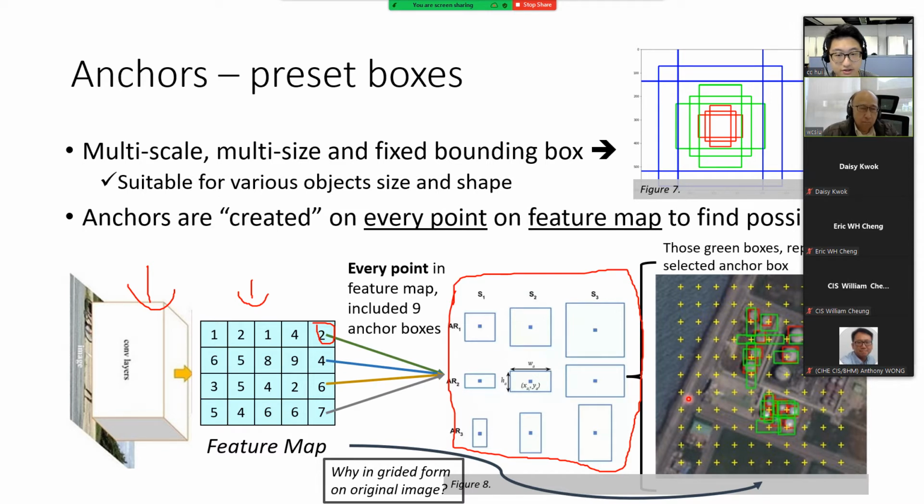As you can see, the original image is gridded, divided into many boxes. So why do we draw the anchors on the feature map, and why does it go back to the original image being gridded? This is another question, and I will talk about it in the YOLO session.